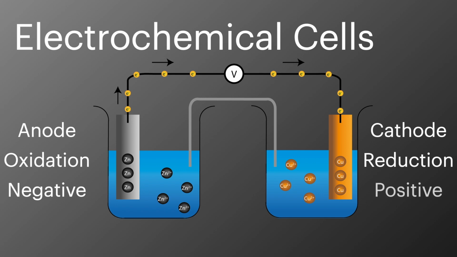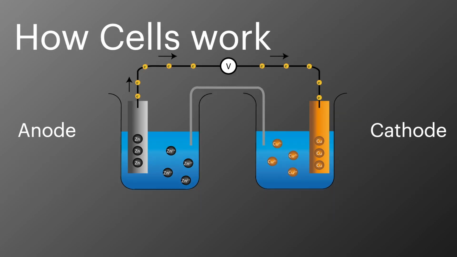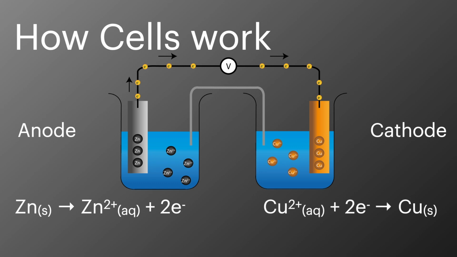These are positive because they take in the electrons, combine them with the ions in solution, and form atoms. If we look at that in a bit more detail, at the anode we've got zinc solid becoming a zinc ion and making 2 electrons. Those electrons are fed up into the circuit. At the cathode we've got copper 2 plus ions taking those electrons down and forming copper solid atoms.